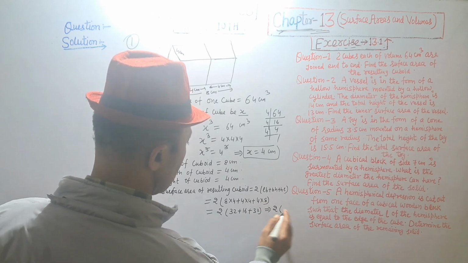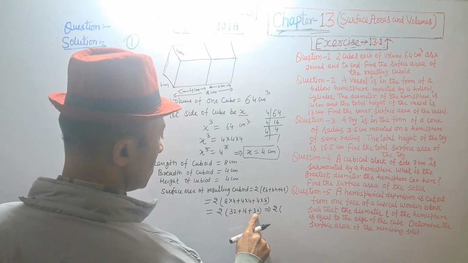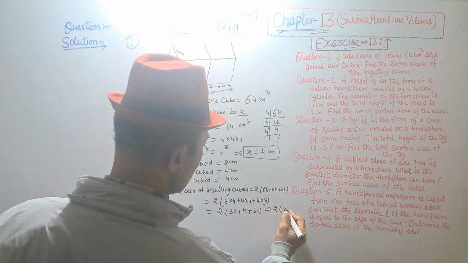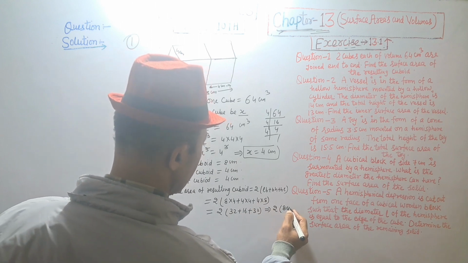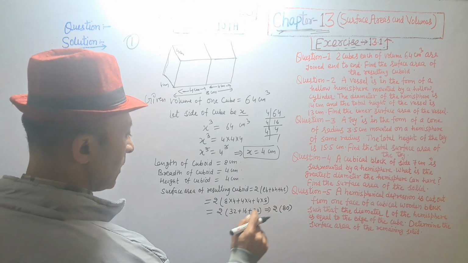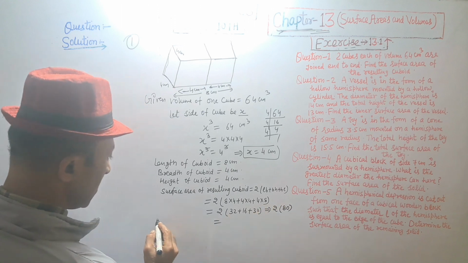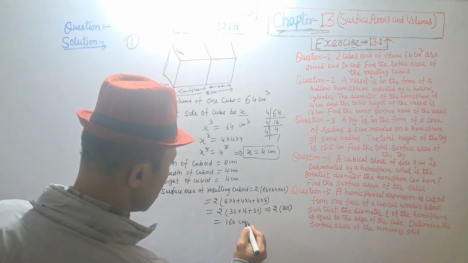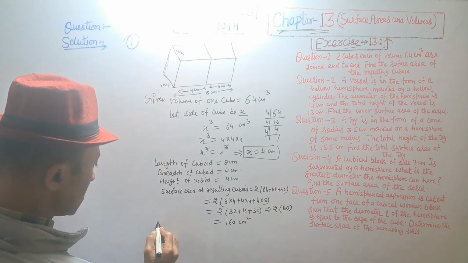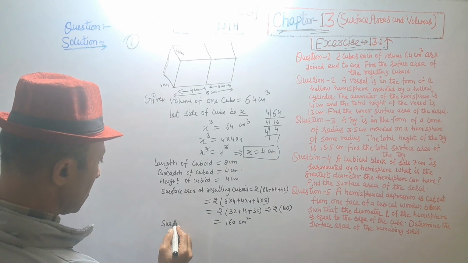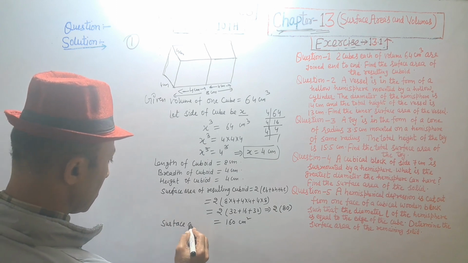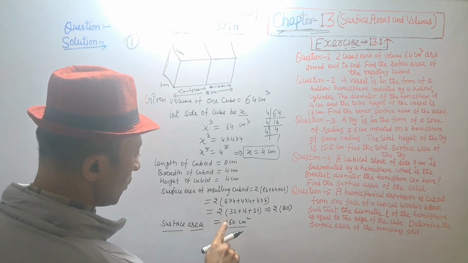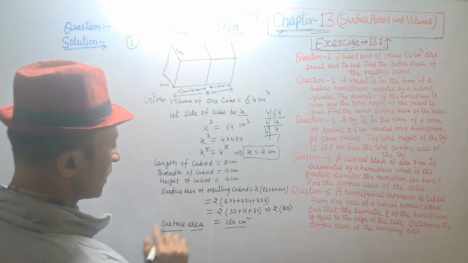This implies 2 times of 32 plus 32 is 64, 64 plus 16, that is equal to 80, and 2 multiply by 80, that is 160 centimeter square. Surface area is equal to 160 centimeter square.